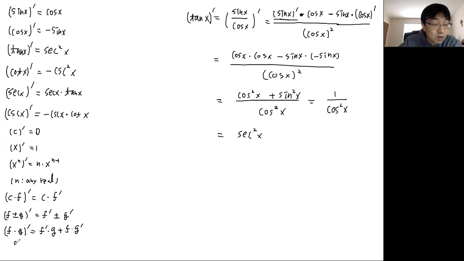The last one, f over g prime, we can use the quotient rule: f prime times g minus f times g prime, over the bottom g squared. We call this the quotient rule.